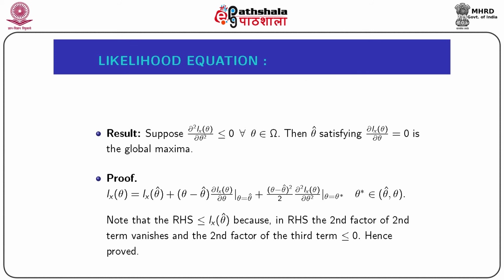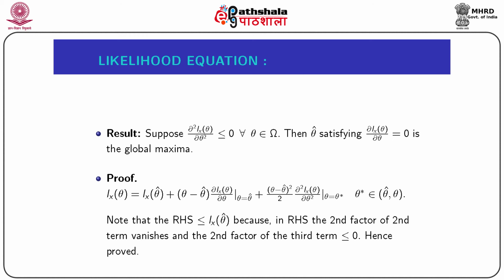Suppose the second order derivative of Lx theta is less than or equal to 0 for all theta belonging to the parameter space omega. Then theta hat satisfying del del theta Lx theta equal to 0 is the global maximum.